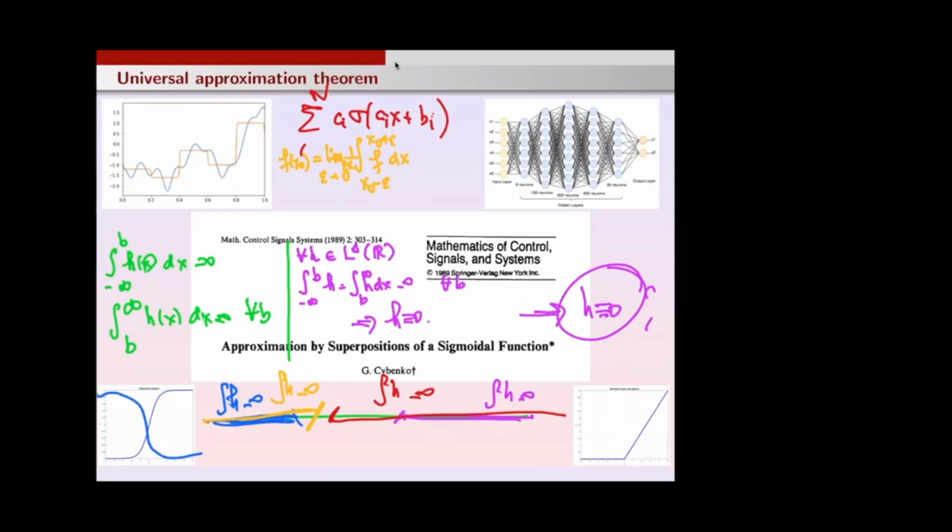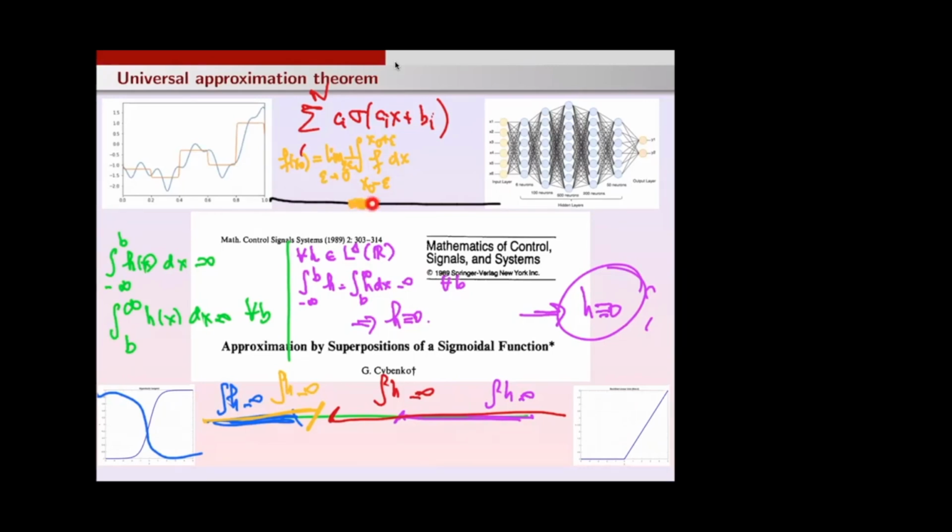Okay? And then, as I said, what I'm saying is that in order to show that a function f is equal to 0, what this theorem of Lebesgue tells me is that the function f will be identically 0 if the integral of the function f is 0 in every subinterval, right?